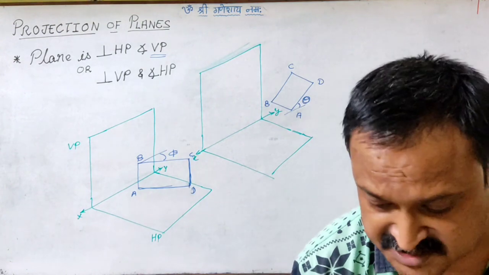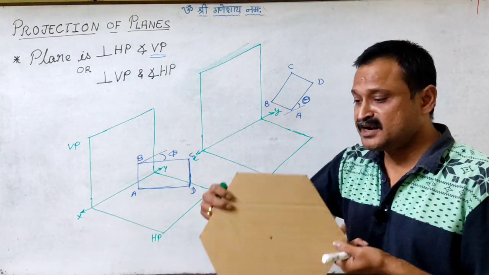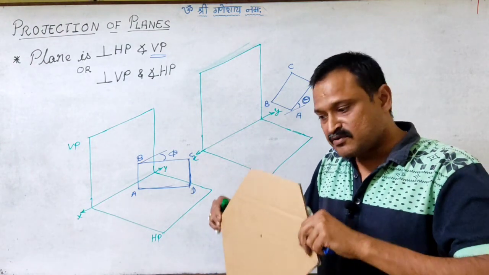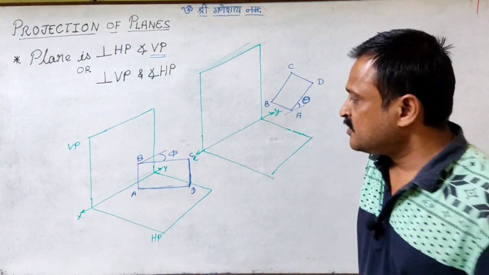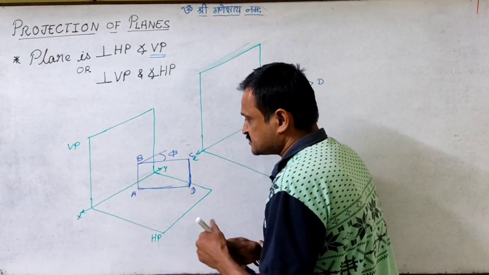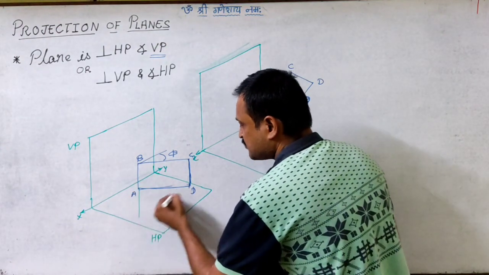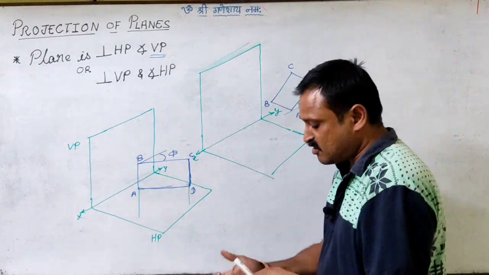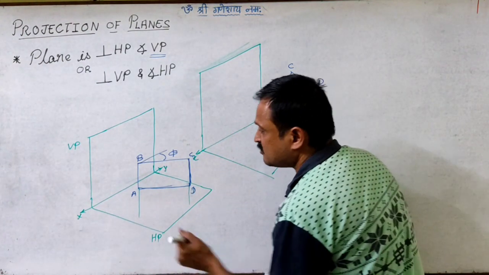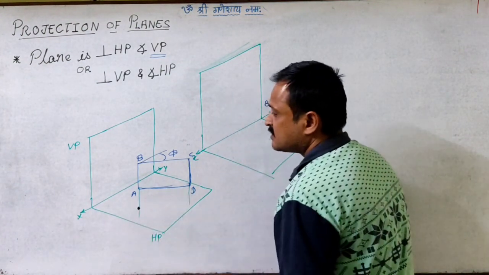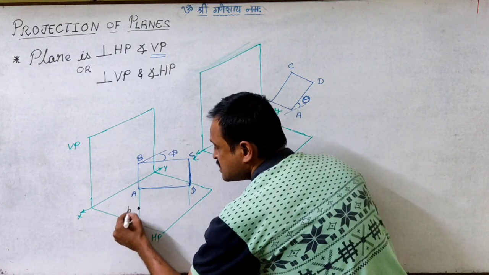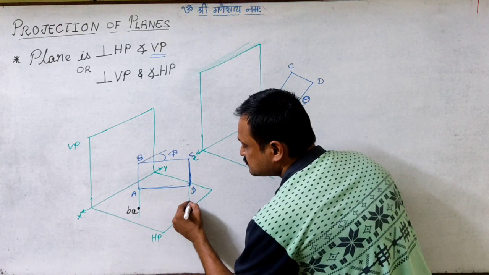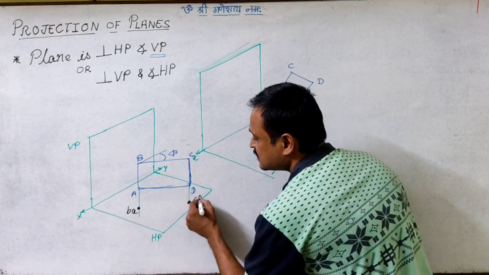Now as this is perpendicular to HP and it is inclined to VP, so when we drop the projectors, projector of A and projector of B will be coinciding, so image of A and B will be same. So this is BA, and somewhere here it intersects with, so this is CD.